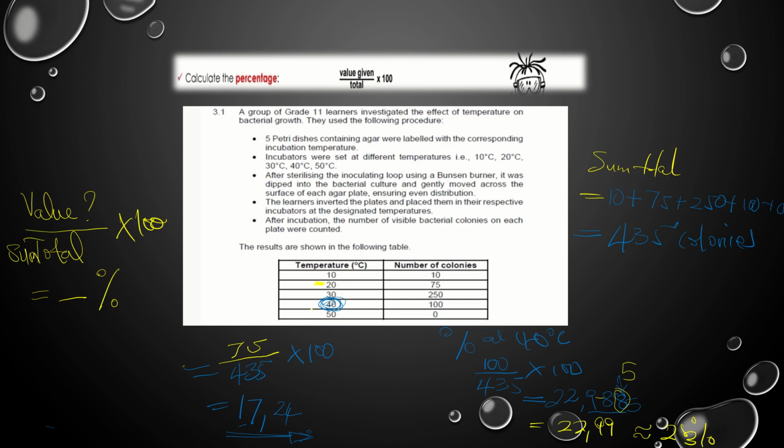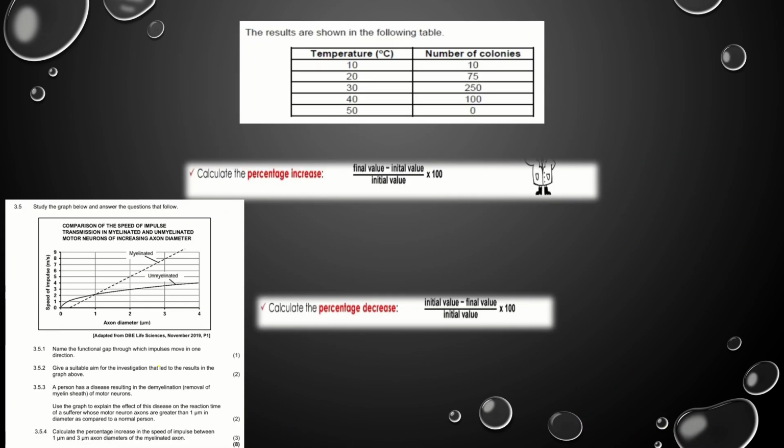When you calculate percentages, the percentage at 10 degrees plus 20 degrees, the number of colonies at 30, 40 and 50, when you add the 17.24, the 22.99 and the rest, you have to have 100% in total. But in most instances they do not ask you for the percentage of everything. So just calculate what you're given, avoid mistakes, and kindly round off to 2 decimals, not more than that.